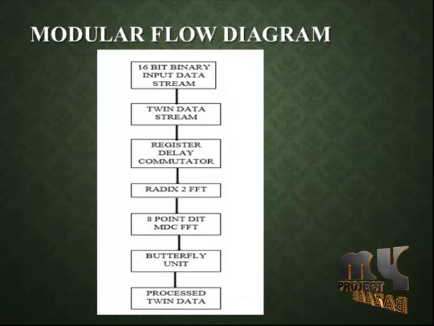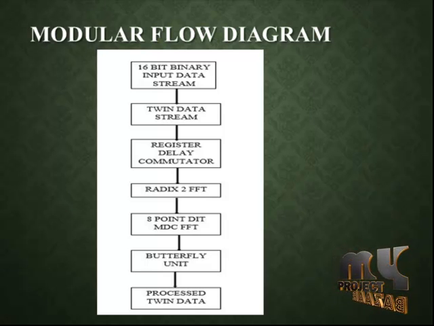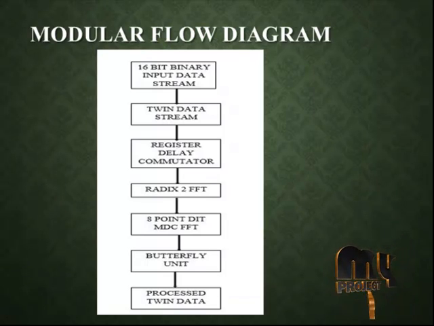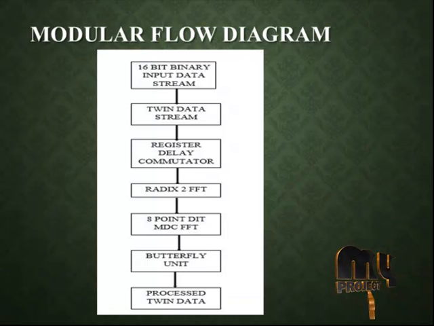Next is the Radix-2 FFT 8-point DFT processor. In the Radix-2 FFT architecture, the register value contents are swapped for the first set of clock cycles of the odd data and swapped for the next set of clock cycles for the even data. The data is fast Fourier transformed and sent to the butterfly unit.